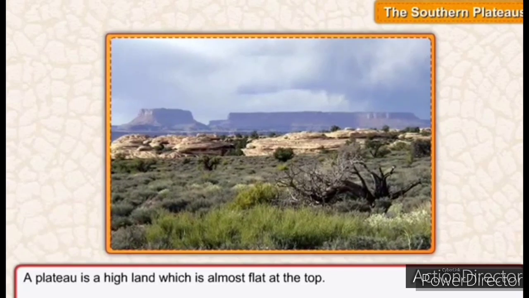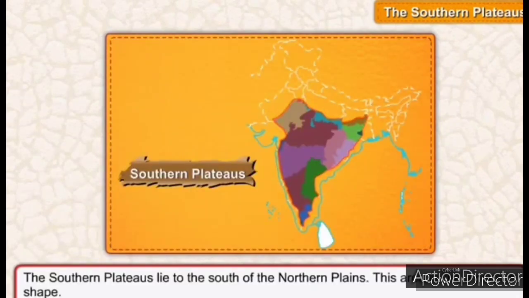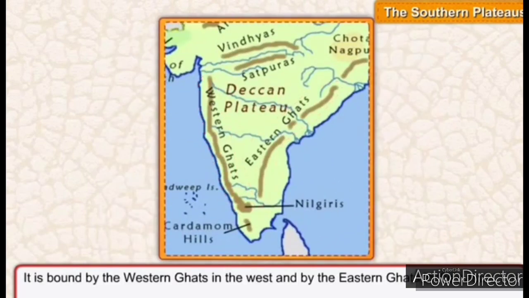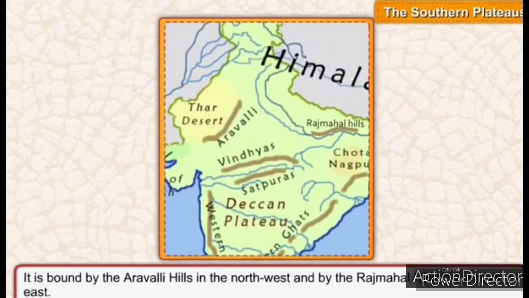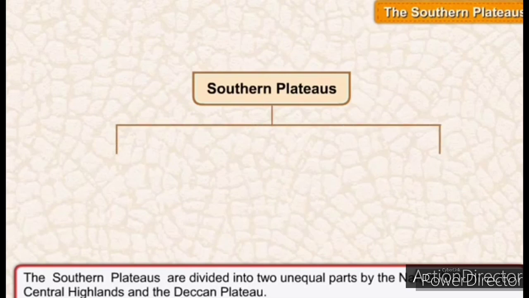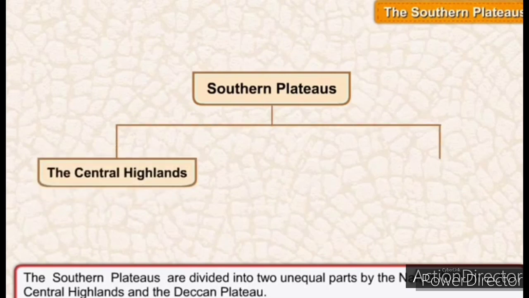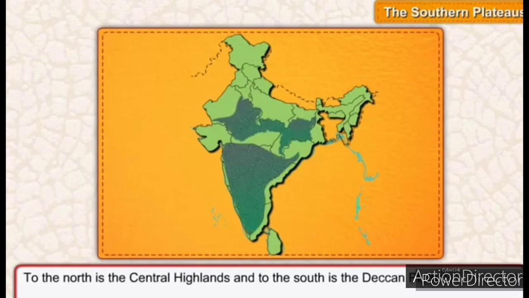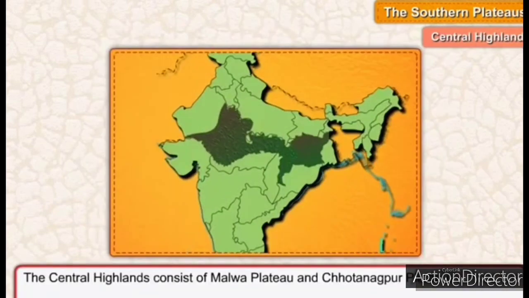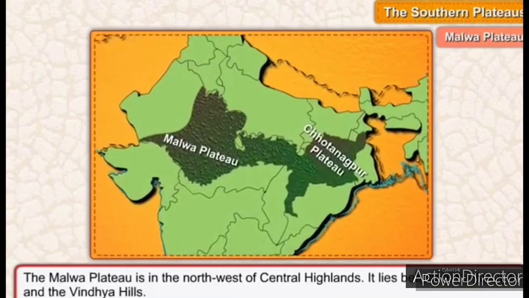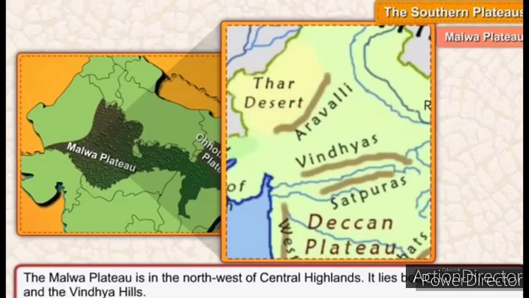The Southern Plateau makes up most of the central and southern regions of India. It extends over 9 Indian states, which include Madhya Pradesh, Jharkhand, Chhattisgarh, Maharashtra, Andhra Pradesh, Telangana, Karnataka, and parts of Tamil Nadu and Kerala.